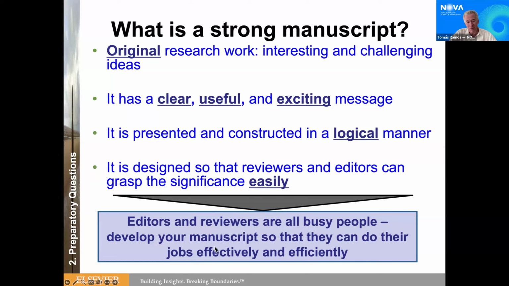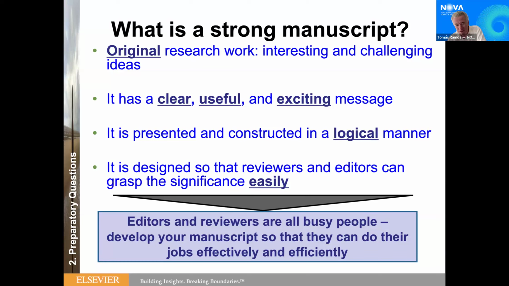I mean, these people, editors and reviewers, are very busy, and when they start reading a paper, they usually start with the title, and then they read the abstract, and then they read the keywords. And if the title and the keywords and the abstract are not good enough, they will not stop there, but they will have a big but.